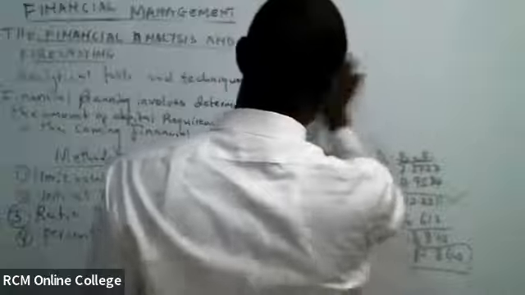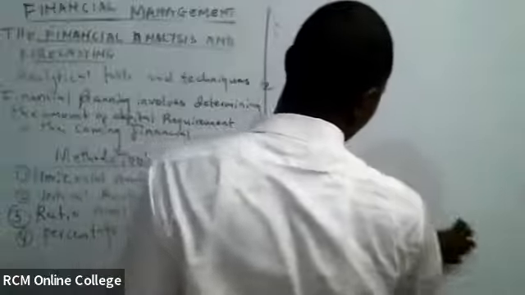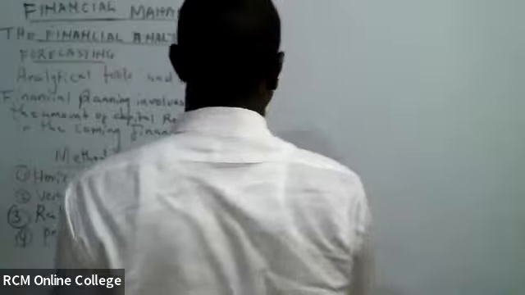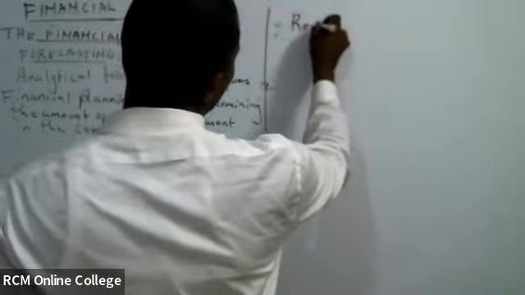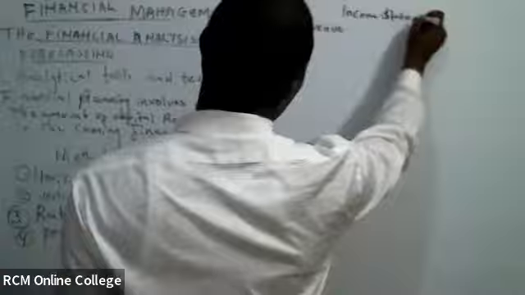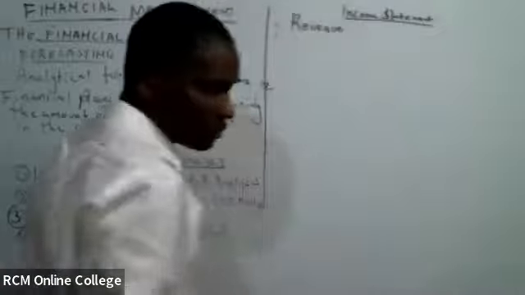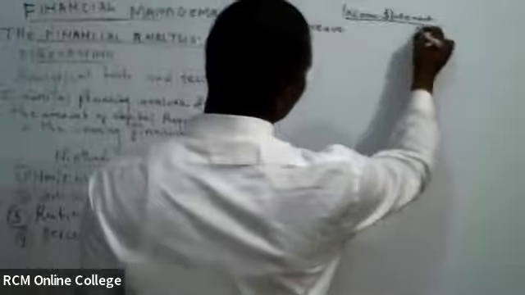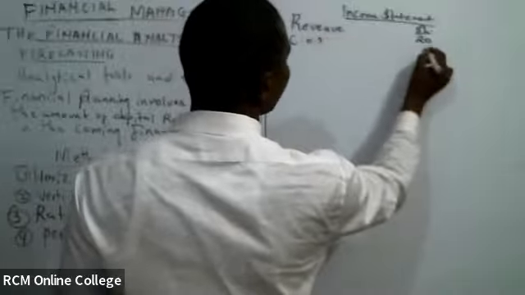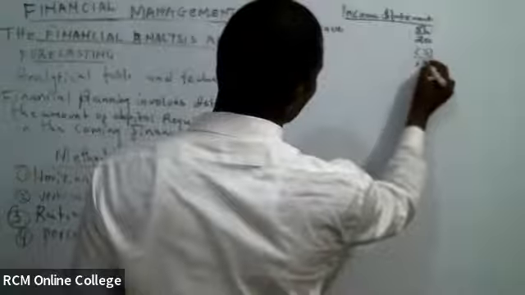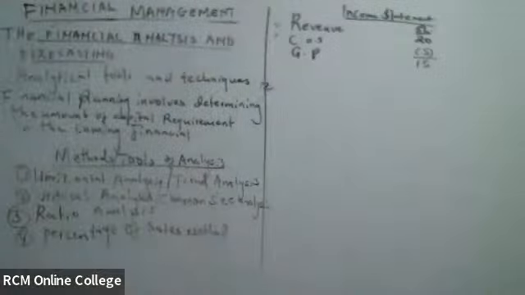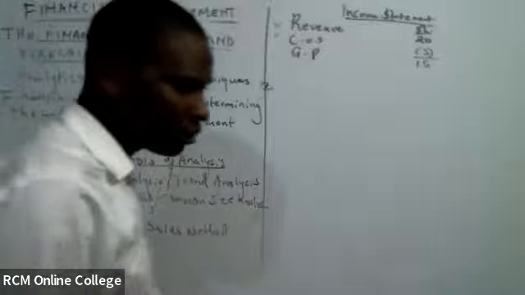So this is the simplest method. If I have my income statement, I have revenue here of 20, cost of sale of 5, and that will give me a gross profit of 15.